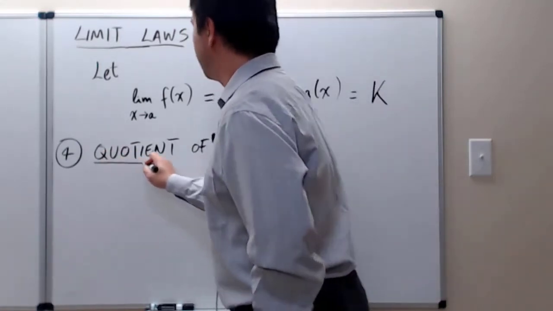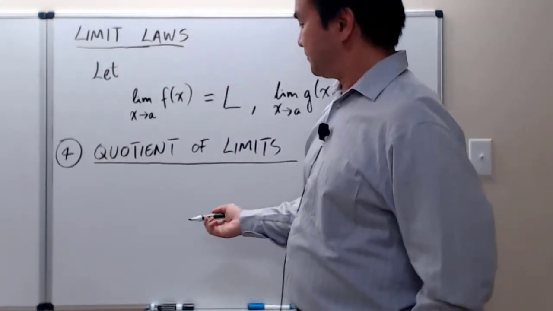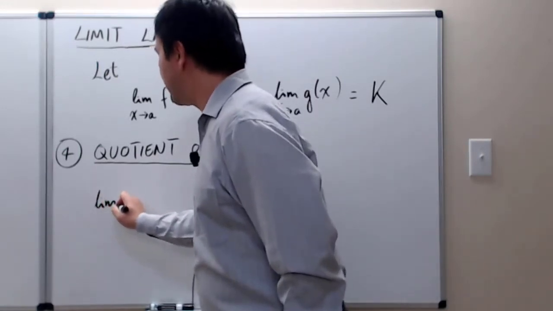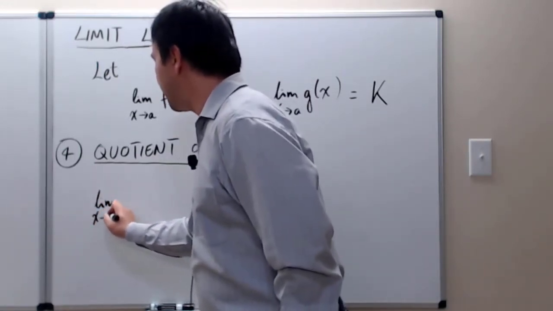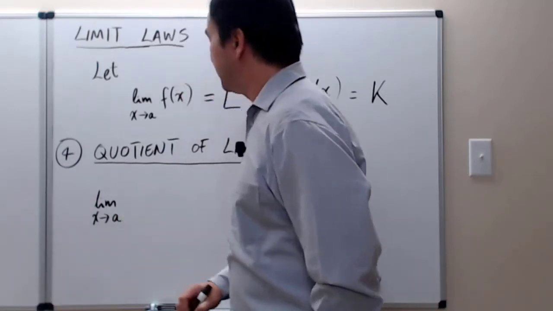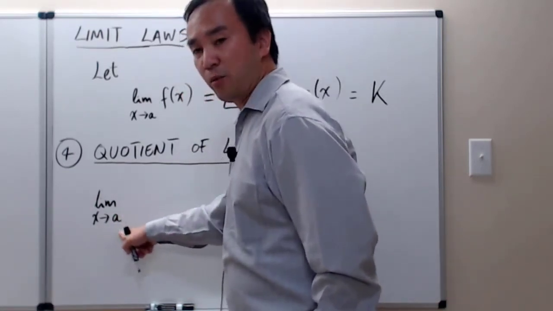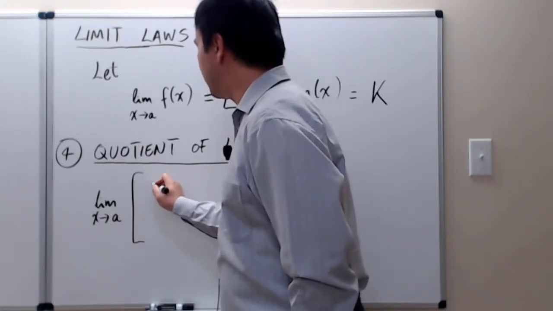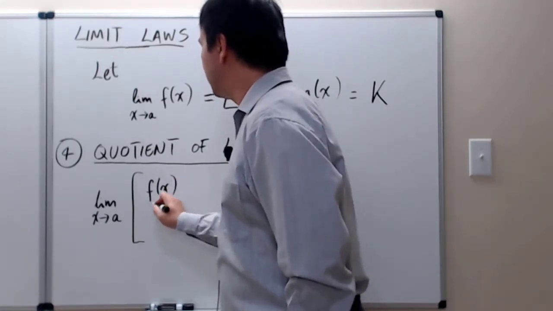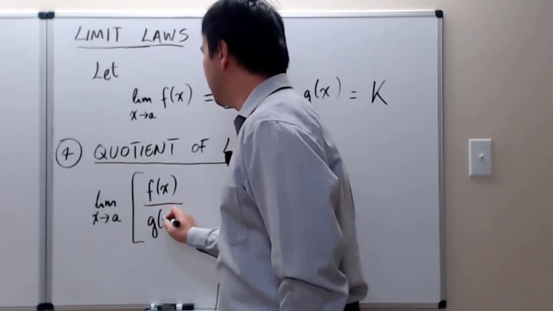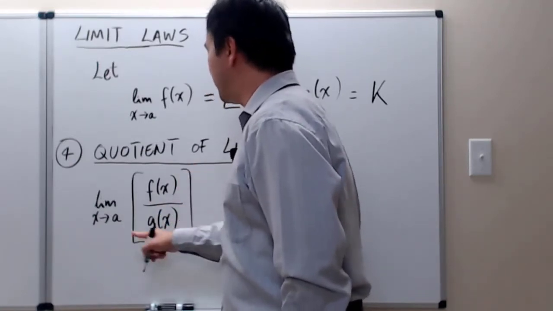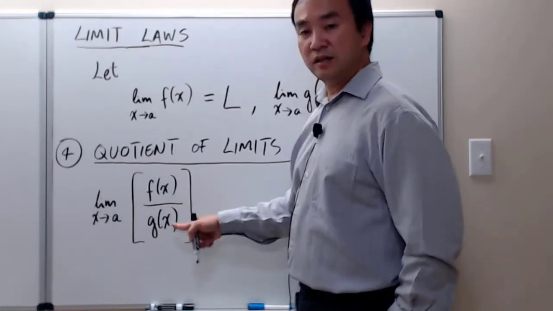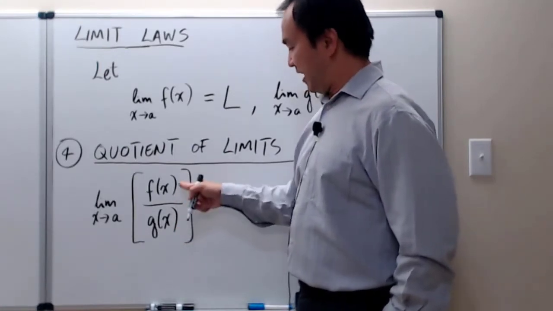And so the idea again, instead of having a product, a lot of time we're asked to find the limit as x gets close to a limit point A on a function that comes as a quotient of f of x divided by g of x. So our main function that we're considering the limit of is a quotient of two other functions, f and g.